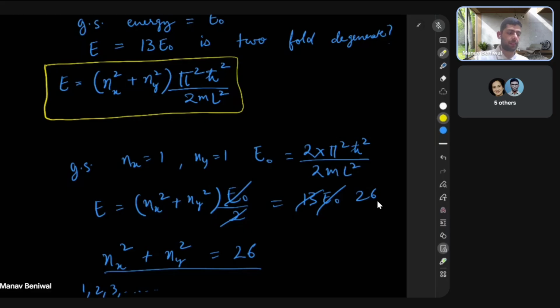Yeah. If you look at E naught, we put nx as 1, ny as 1. So our E naught is then 2 times this number, pi squared h cut squared over 2 m l squared. So what I am doing is, I can bring this 2 down here, so I can write E naught by 2.